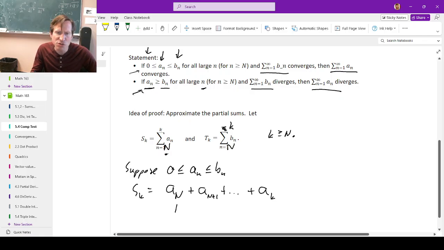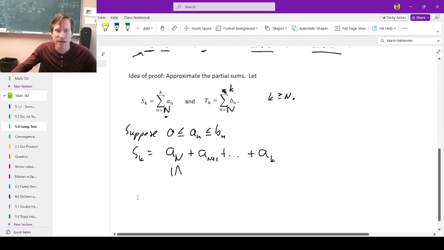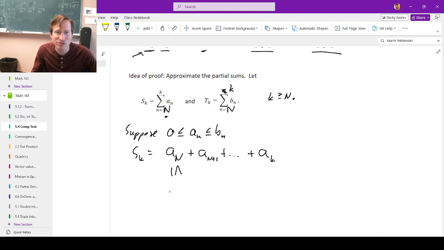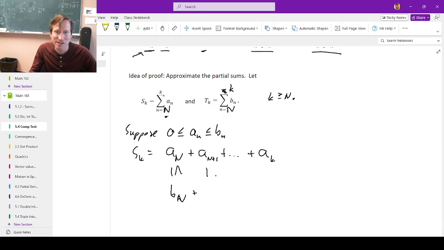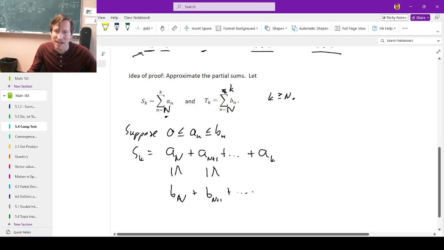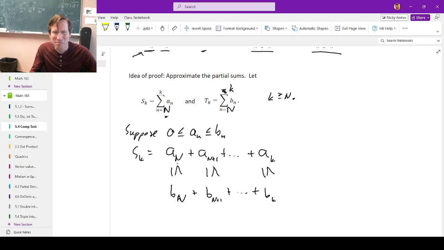Okay, well, each one of these a's is less than or equal to the corresponding b, right? So a sub N is less than or equal to b sub N, a sub N plus 1 is less than or equal to b sub N plus 1, and so on, out to a sub k is less than or equal to b sub k. But that means that when you add all of the b's up, you have to get something bigger than when you add all the a's up, right?